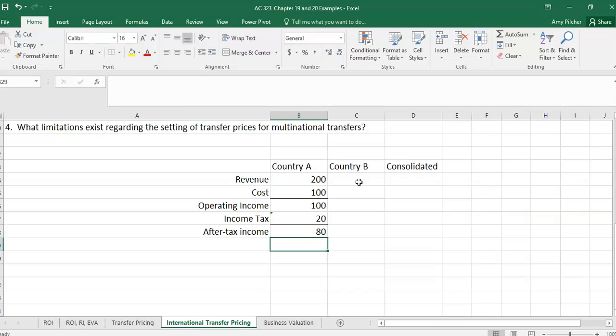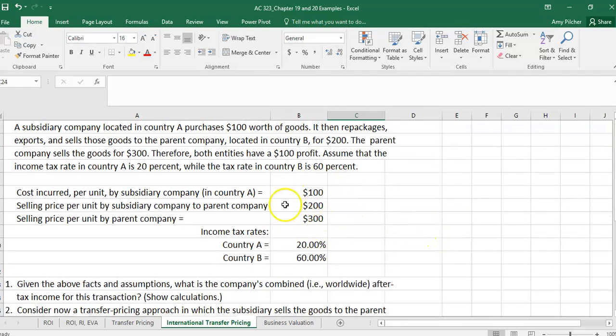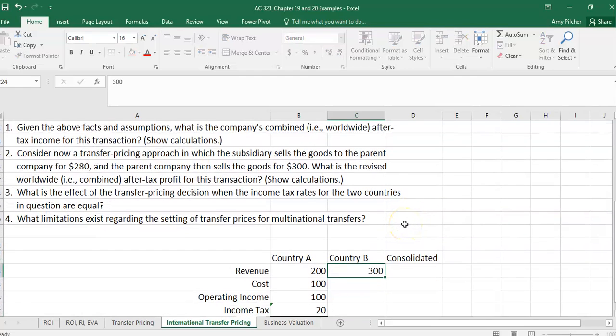In country B, we have revenues. Country B sells outside for $300. So remember, the revenue from the transfer is not considered. It's only the sales to outside customers that appear on the consolidated financial statement.